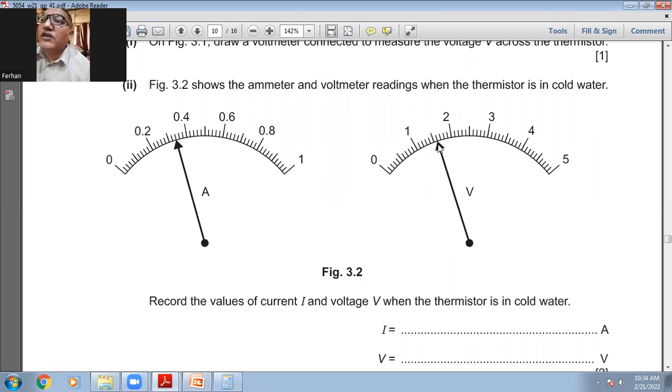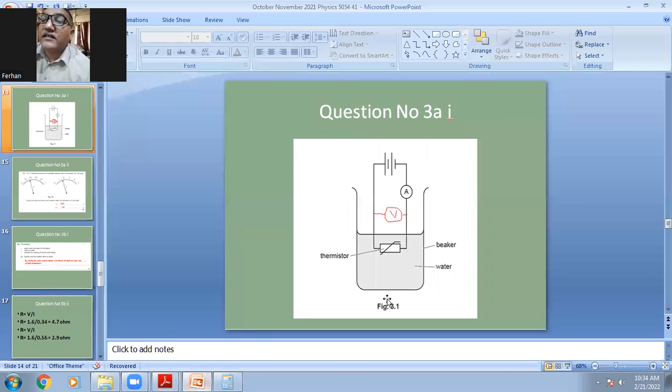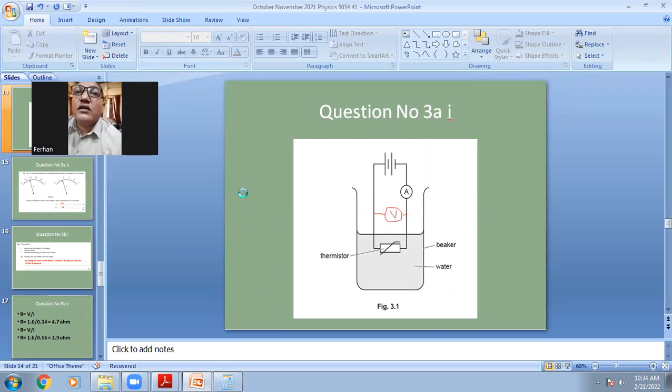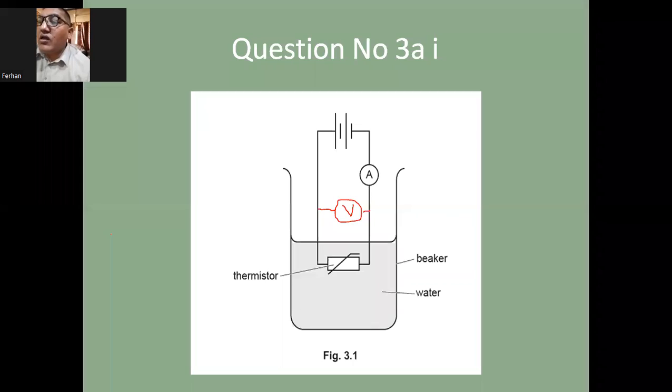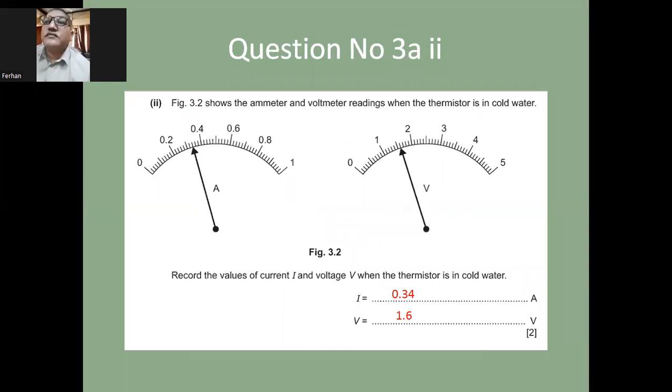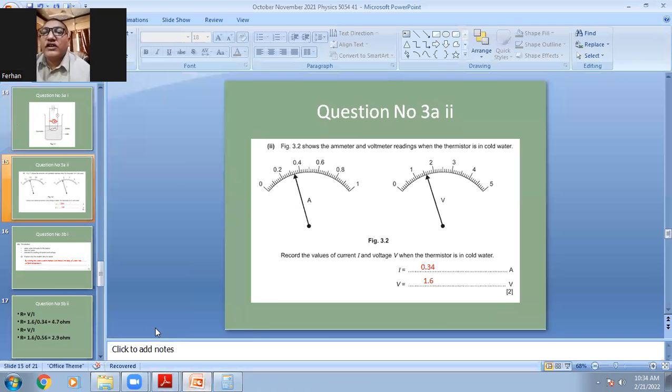So this will be 1.5, 1.6. So the reading on the voltmeter is 1.6 volt. So let's move.